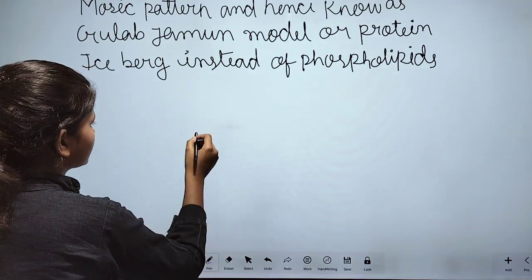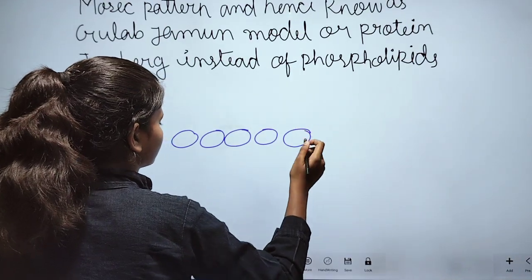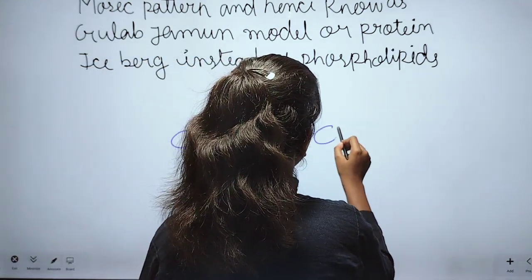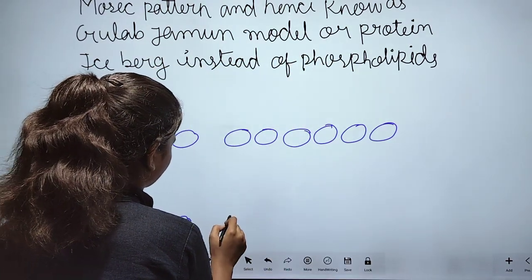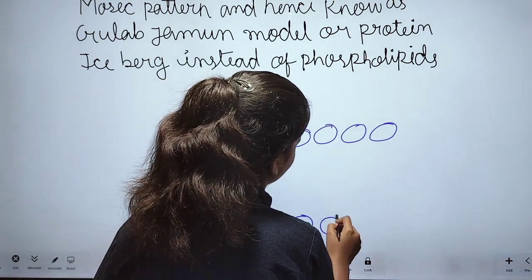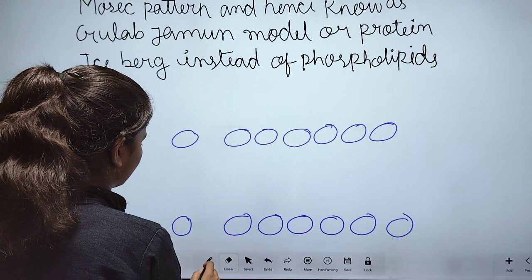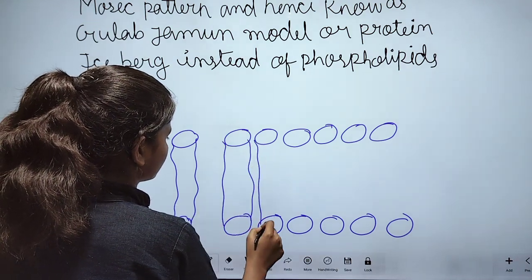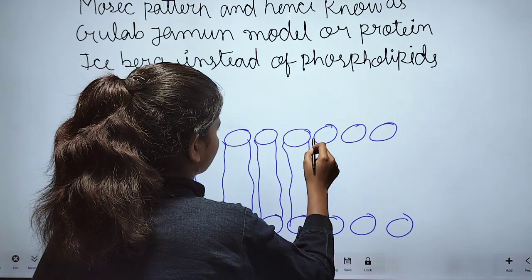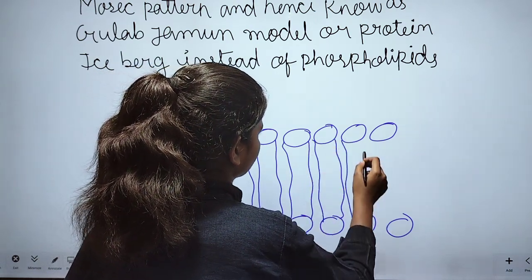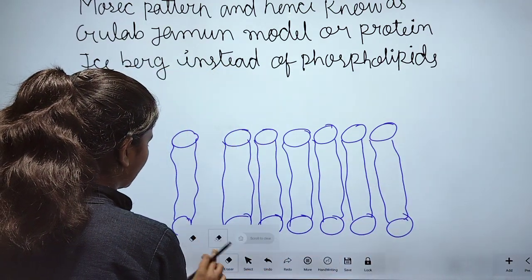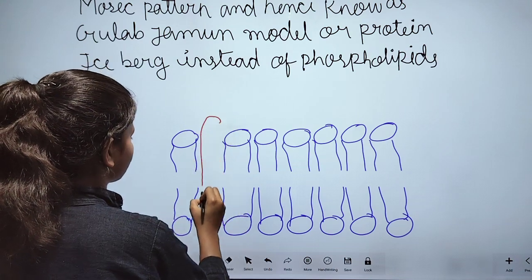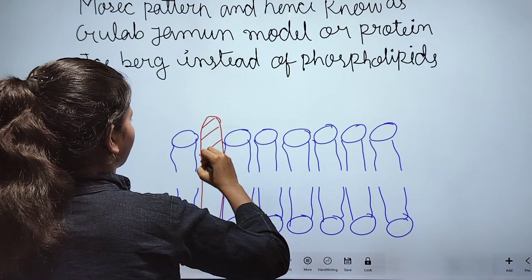According to this model, proteins are arranged like this. Suppose this one is the layer of phospholipid, and the proteins are arranged in this manner.